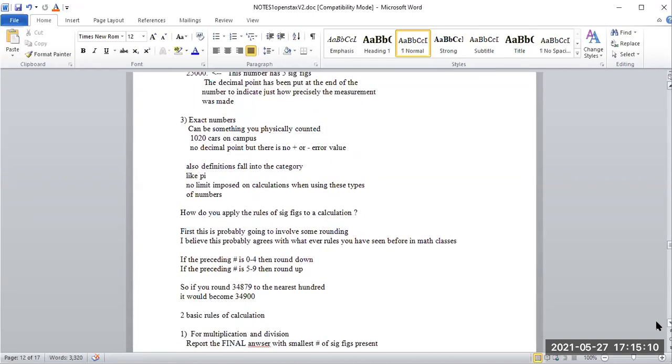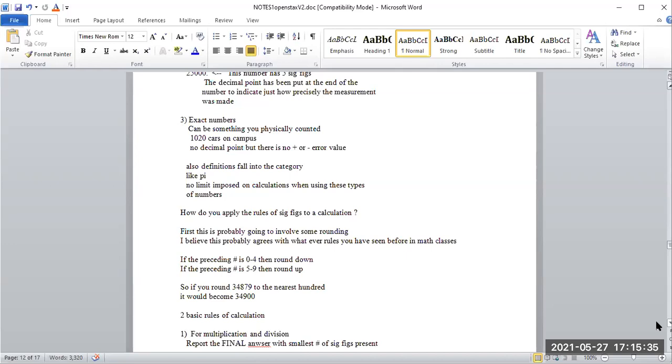You will also see definitions thrown into a category. Pi obviously has no designated number of decimal places, but we often just use the rounded version if you're doing math, 3.14.